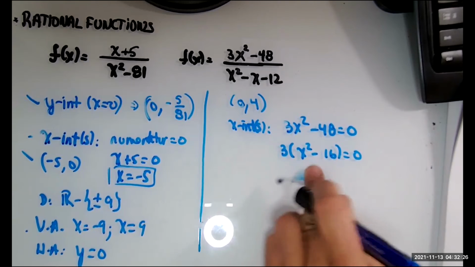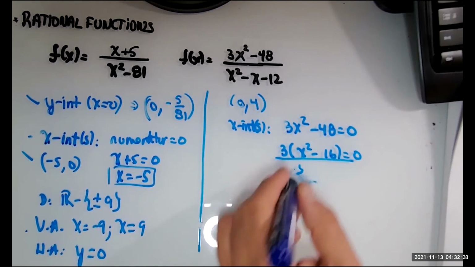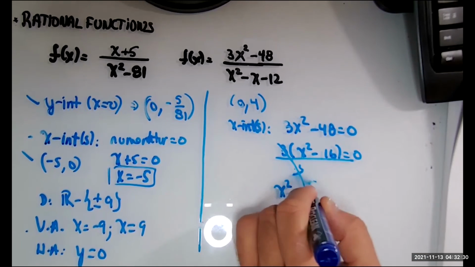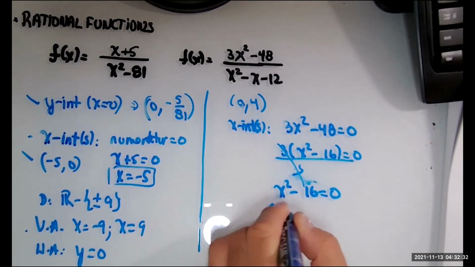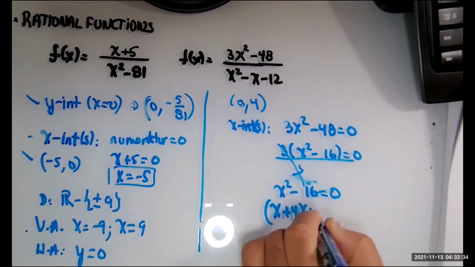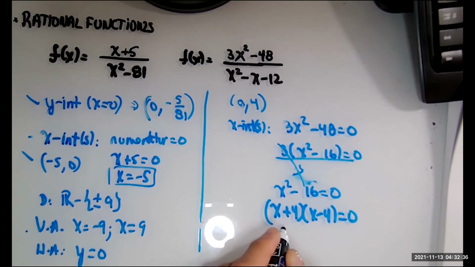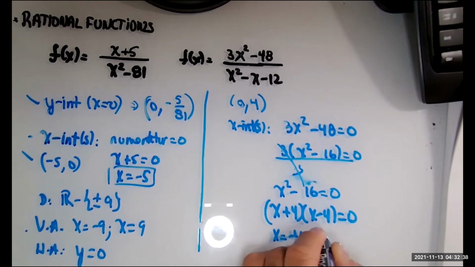So we divide by 3. So x squared minus 16 equals 0. So x plus 4 times x minus 4 equals 0. So x equals -4, x equals 4.